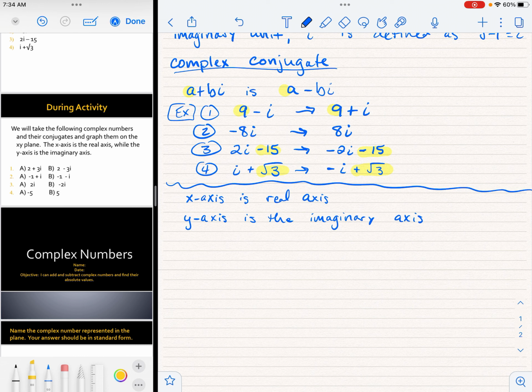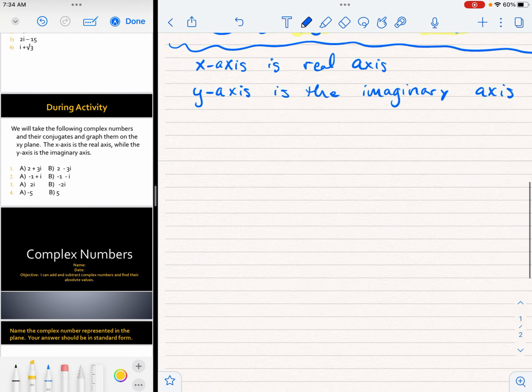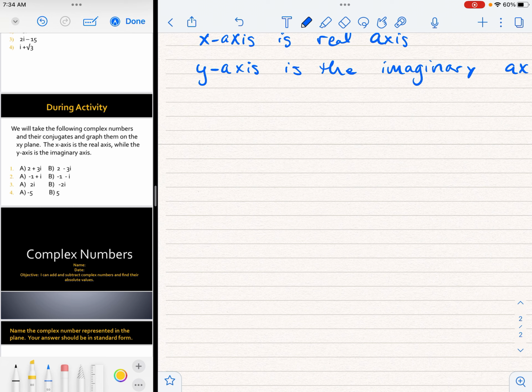So we're going to look at some of these conjugates right here. 2 plus 3i. We're going to look at this example.